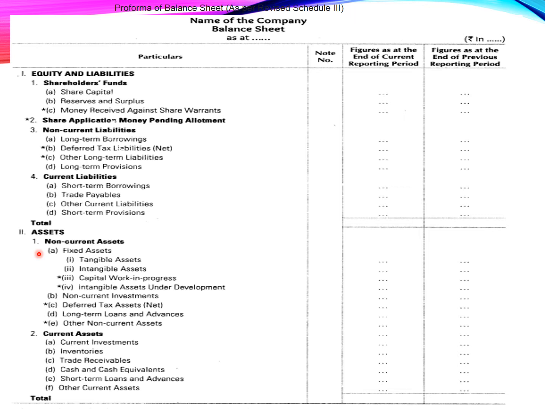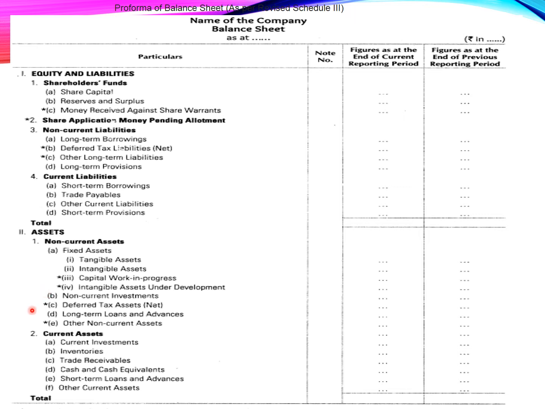Second subheading is non-current investments. Next subheading is deferred tax assets. Another subheading is long-term loans and advances. And last subheading of first head is other non-current assets.